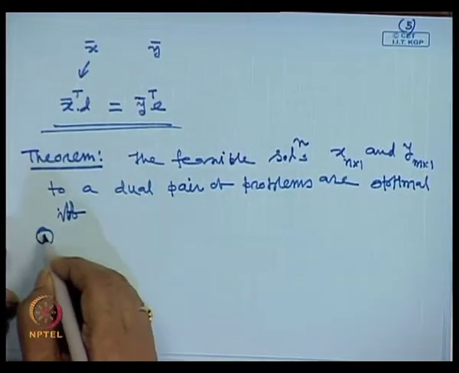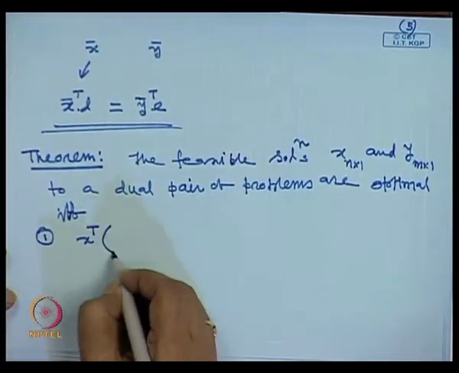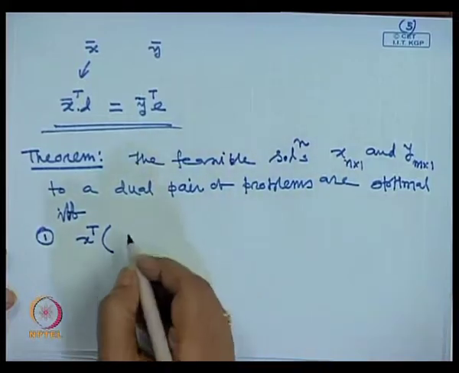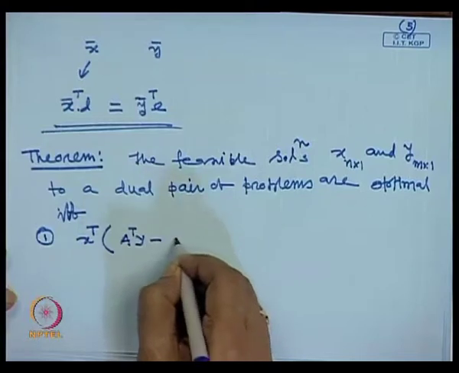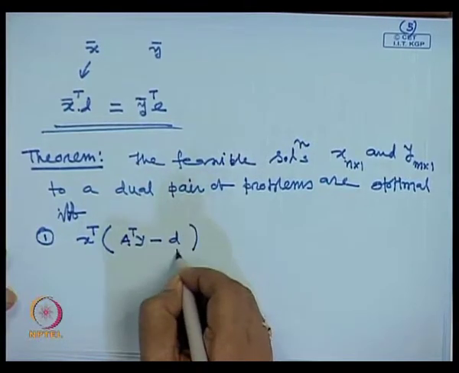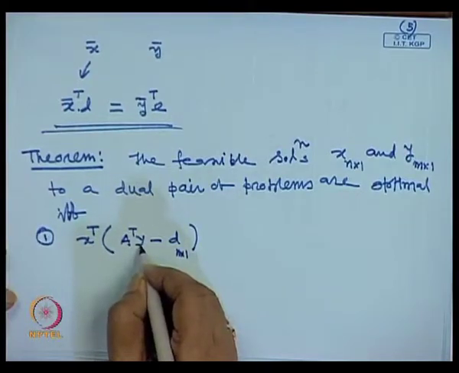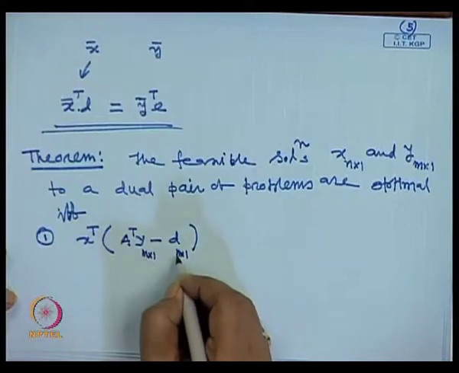one, x transpose times the inequality constraints associated with the dual problem, that is A transpose y minus D, which has dimension n cross 1, is equal to 0. Similarly, what should be the dimension of this one? m cross 1, and this is n cross 1.